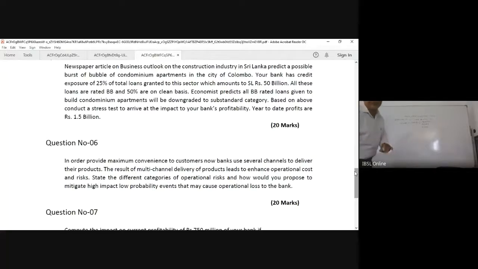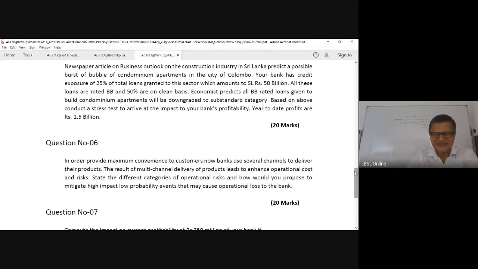Then you need to give the risk type. Here the risk type is operational risk, which they have already mentioned. So you need to give a little bit of definition. Operational risk is inability or failure of your processes, your people, and certain events, internal or external, that could occur in your day-to-day operations, which will result in losses.